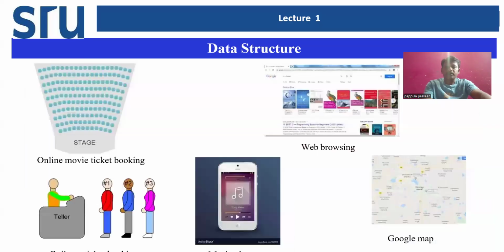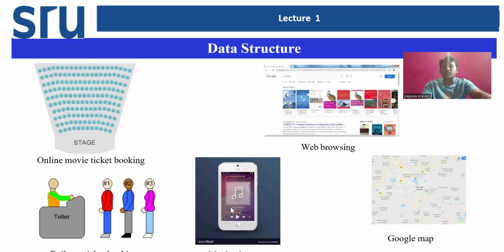Now, coming to examples of data structures. One is online movie ticket booking. Then railway ticket booking, where the teller gives the tickets to the people. Next one, music player.